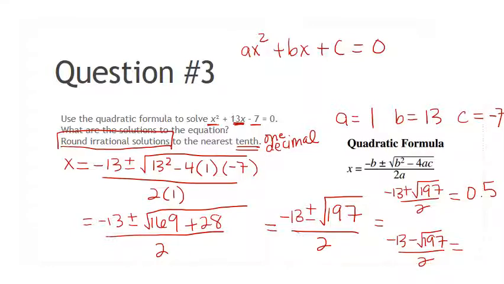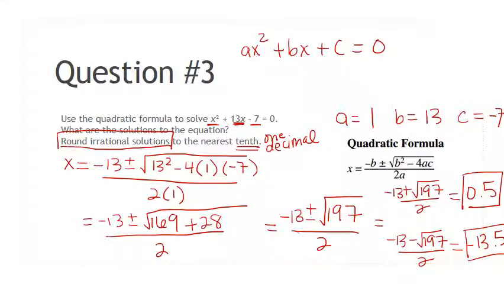And if I do that same thing, negative 13 minus the square root of 197, all divided by 2, that's going to give me negative 13.5. And those are my 2 answers, rounded to the nearest tenth.